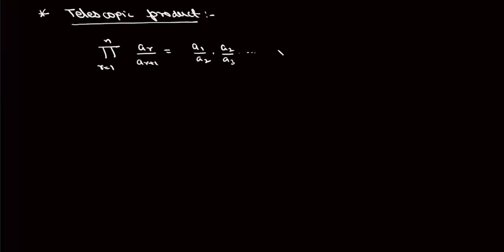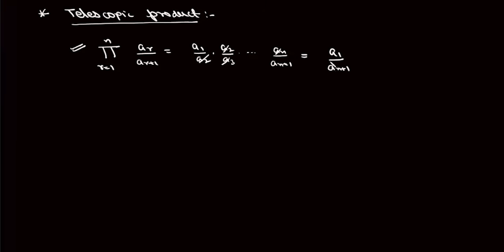I'll continue up to A_N upon A_(N+1). Here these successive terms will cancel. We'll get A1 upon A_(N+1). So basically it is the multiplicative version of telescopic summation. And if it is A_(R+1) upon A_R, then basically it'll reverse, so it'll be A_(N+1) by A1.